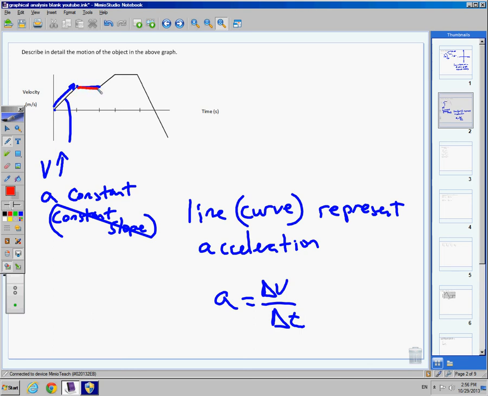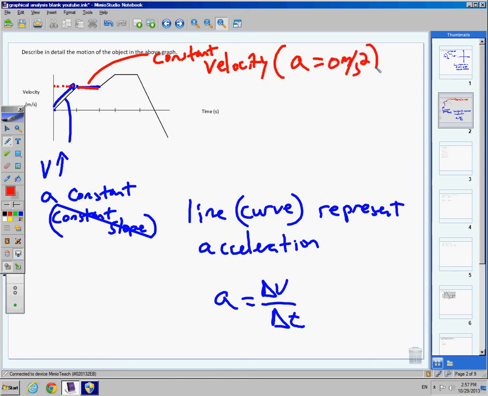If I drew a dotted line here, it goes to some velocity. So this line has to be constant velocity, whatever the number is, and therefore acceleration equals 0 meters per second squared. Once again, the slope of the line is 0, so the velocity does stay the same.